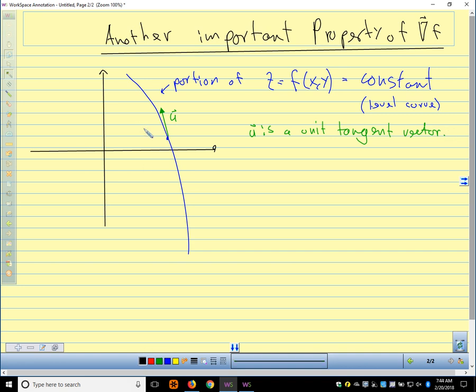If that's a unit tangent vector along the level curve, what is the directional derivative at that point? 0. The directional derivative of f equals 0 because z is constant.